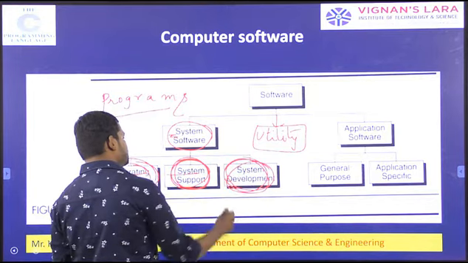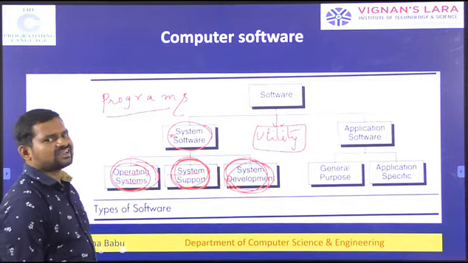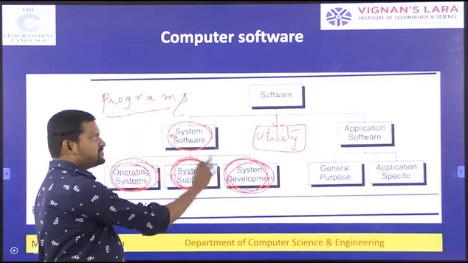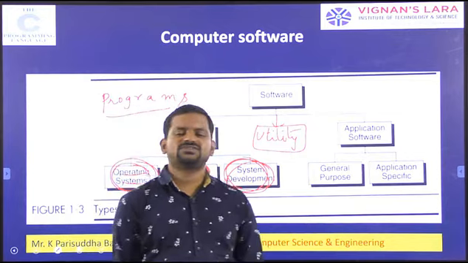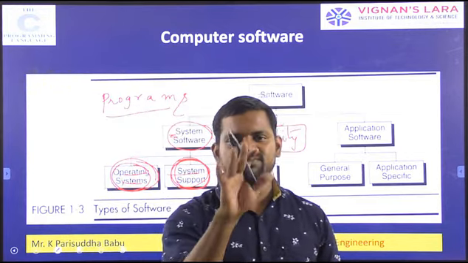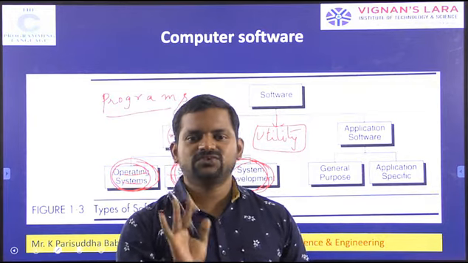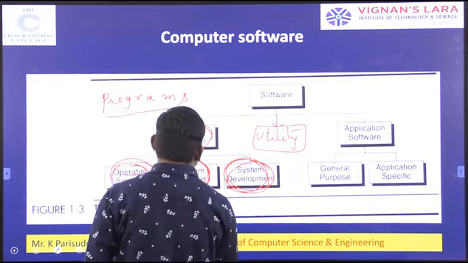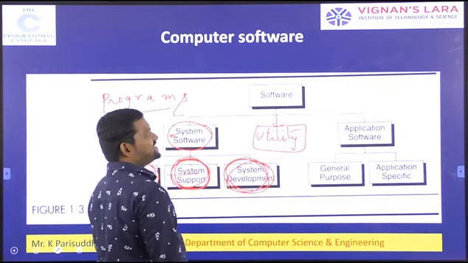Those files are executed to run the system. Without system software, a computer cannot run. If the system is to run, we compulsorily use system software. So next, utility software.